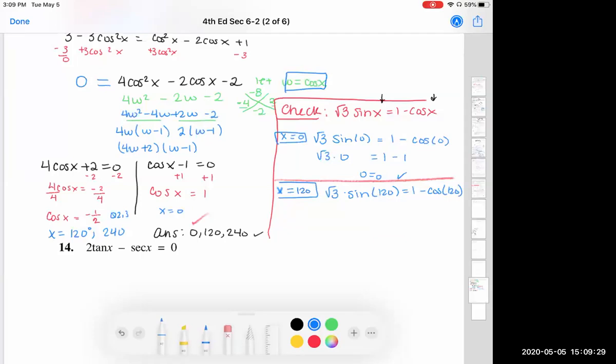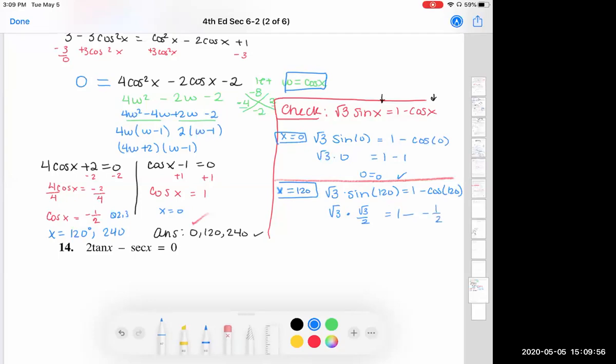At 120 degrees, I have negative 1/2 and square root of 3 over 2. So sine at 120 gives me square root of 3 over 2. And I have 1 minus cosine, and cosine at 120 is negative 1/2.